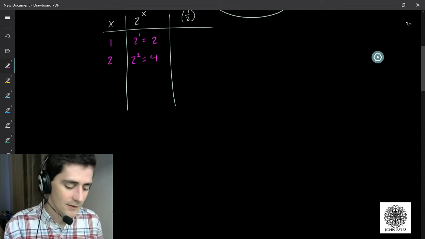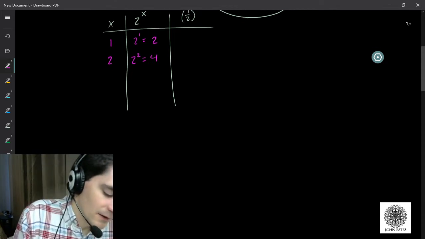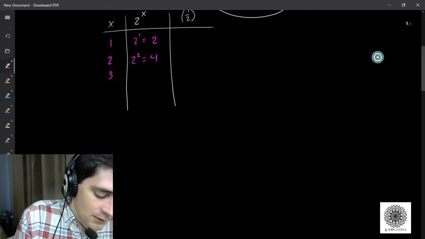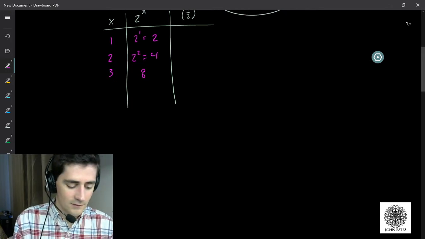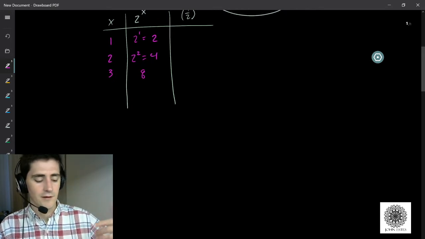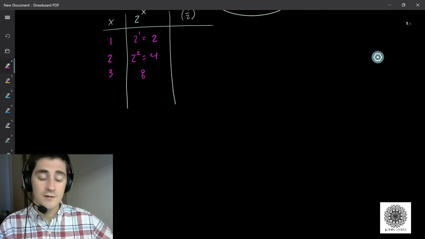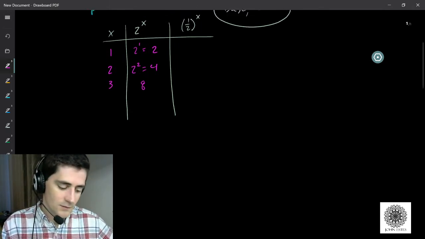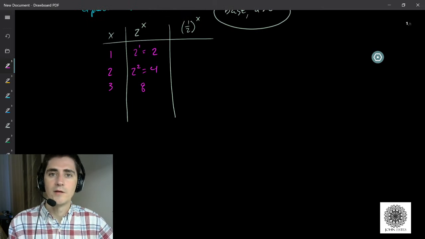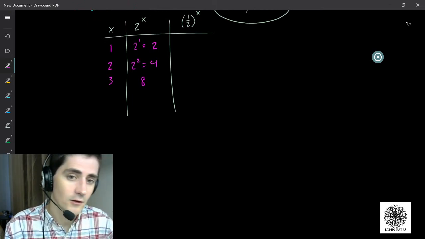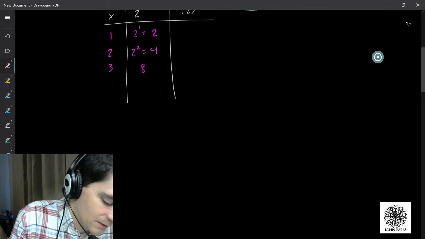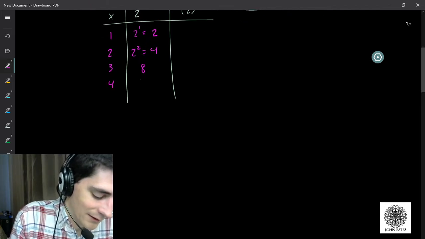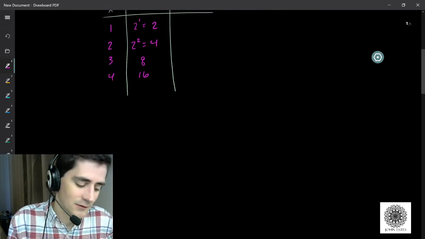And then you just keep going in this pattern. So if x is 3, notice I get 2 cubed, which is 8. And so notice as x is growing linearly, like x is just growing by 1 each time, my 2 to the x power function is doing what? It's multiplying by 2. It's doubling each time. Okay, so these things grow really fast. For example, at 4, I'm already at 16 in my exponential.